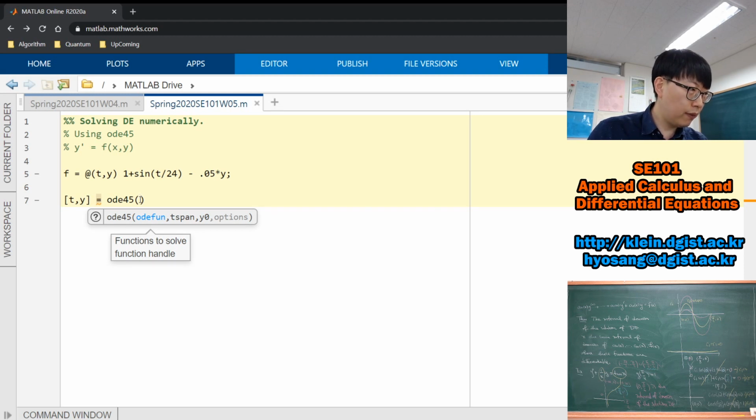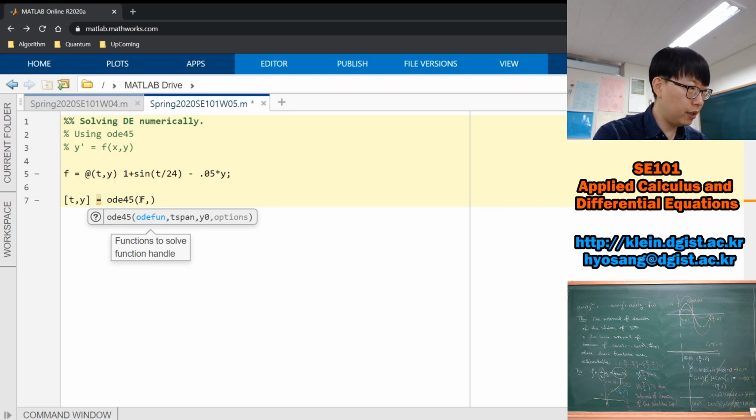So it says, well, in the online MATLAB, it tells you how to use this command. So first you put the ODE function, which is the f(x, y) part, and tspan, which is the array of t, and y0 is the initial value, not the initial point, initial value of this solution y. So we have initially 0 level of Hermann.